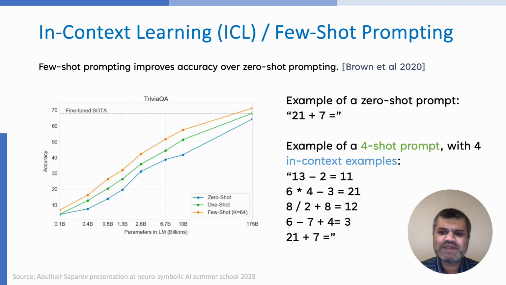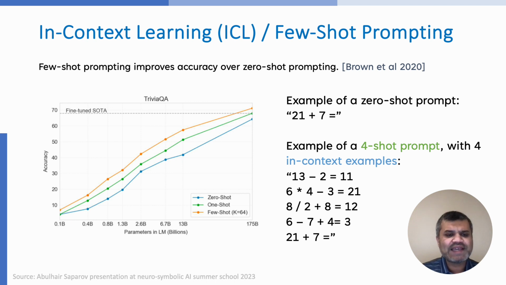So at the bottom we show 4 short prompts, like 4 examples. 13 minus 2 is equal to 11, and a few more examples. Now the model understands that what we want to do is solve a math equation. And here, if we ask 21 plus 7, we can expect better accuracy by showing a few examples.